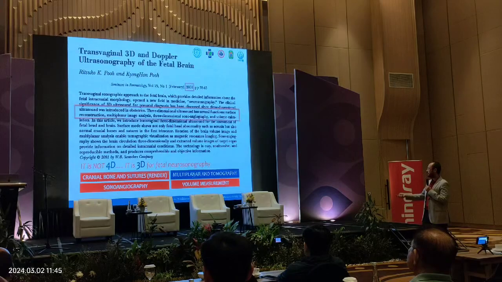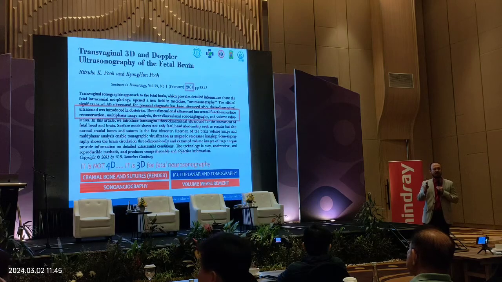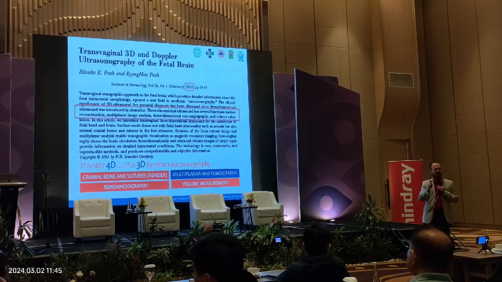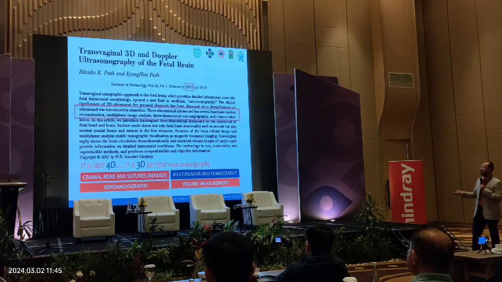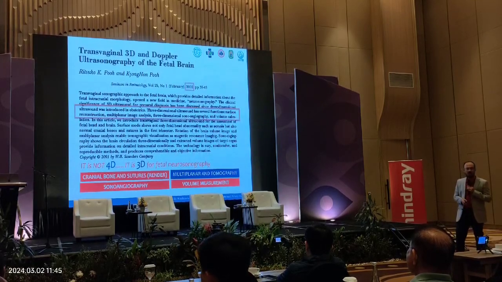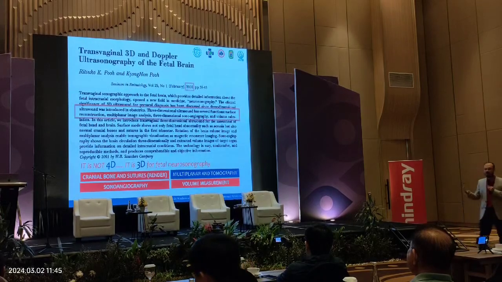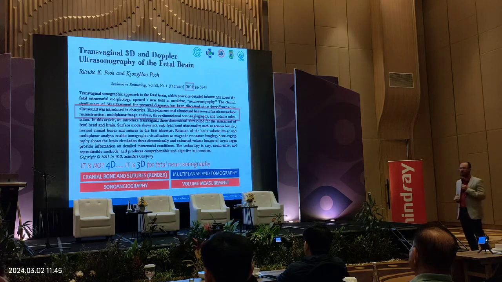The first is multiplanar and tomography, which is the one we must prioritize when doing three-dimensional ultrasound examinations. The others are rendering, for making sure the cranial bone and structures are good; vascularization, which we heard a lot about in brain imaging in the previous lectures; and volume measurement. I think these are the four simplest functions of three-dimensional sonography.